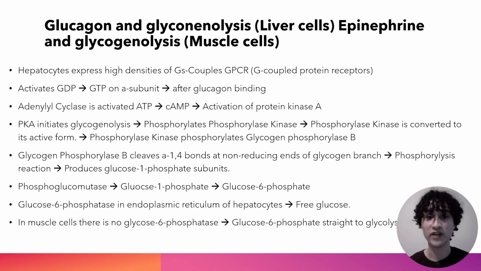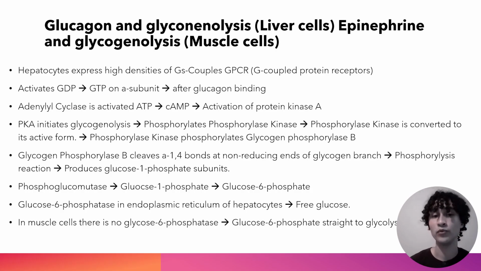Now, in muscle cells it's slightly different. In muscle cells, it's signaled through adrenaline, so epinephrine, acting on adrenergic receptors. It's a slightly different signal transduction mechanism, but glycogenolysis is also initiated in muscle cells through calcium binding to calmodulin, and that's really important because muscle contraction is heavily dependent on calcium ions.